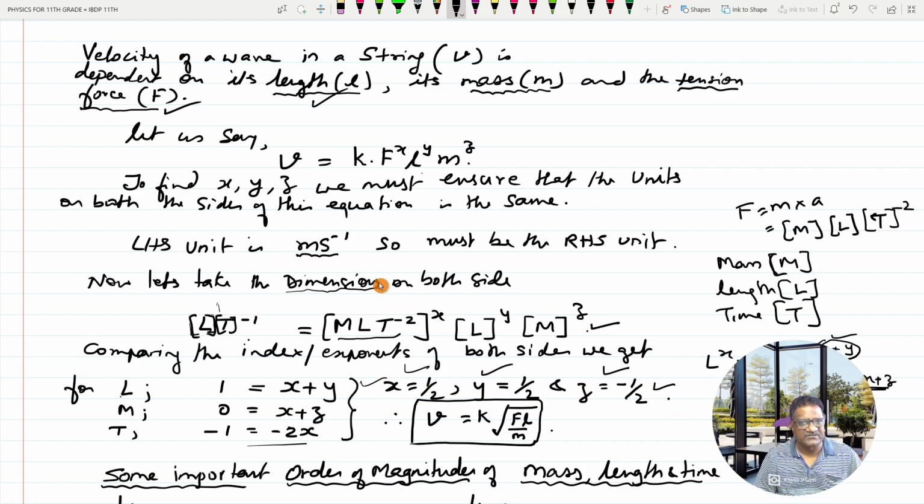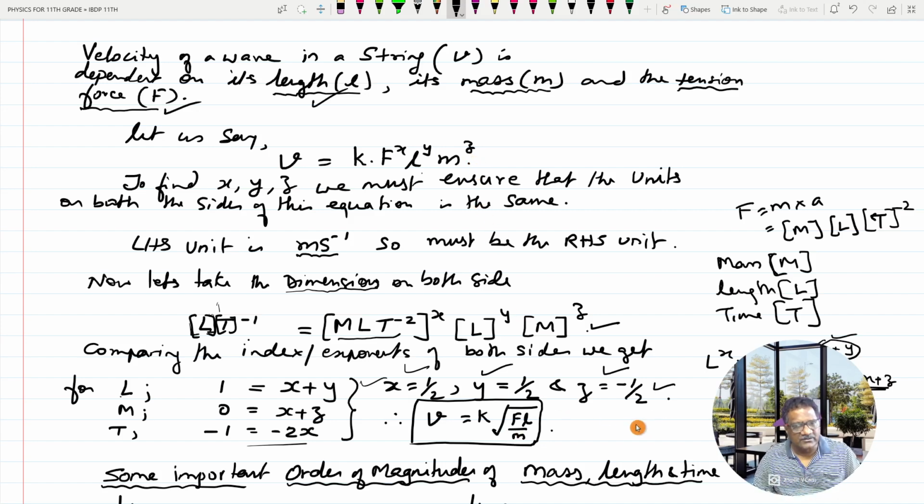So this formula will now work out to v equal to constant k, which you keep as it is. Now this is F raised to x, and x is 1 by 2, so F raised to 1 by 2. L will be raised to 1 by 2 because y is also 1 by 2. Z is minus 1 by 2, so M raised to minus 1 by 2.